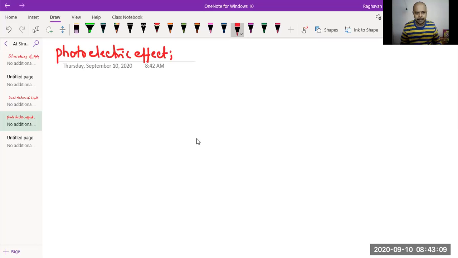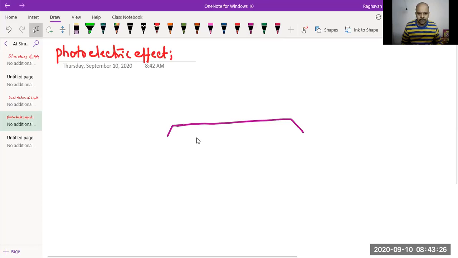Take any metal and expose it to different radiations, to sunlight. Metal may be sodium, magnesium, calcium, iron, or any metal for that matter.